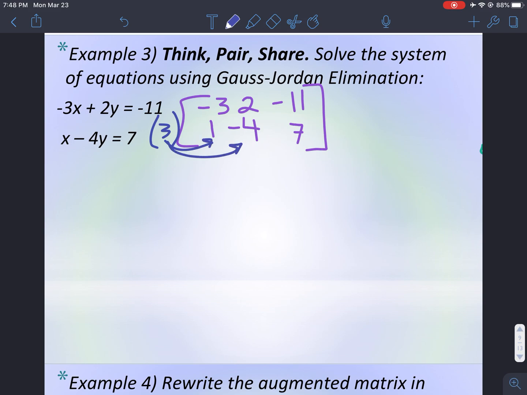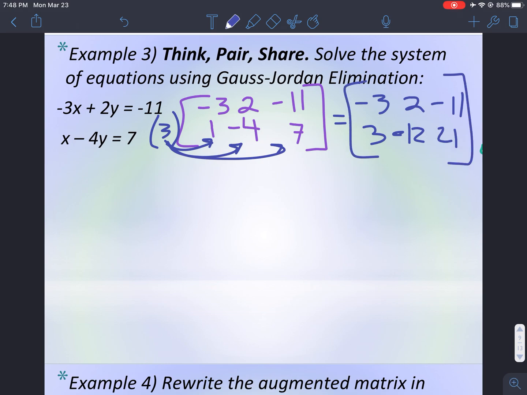Let's multiply the second row by 3. Keep the top one the same. I'm only changing the second. Then if I take R1 plus R2, I should get a 0 there. So R1 plus R2.